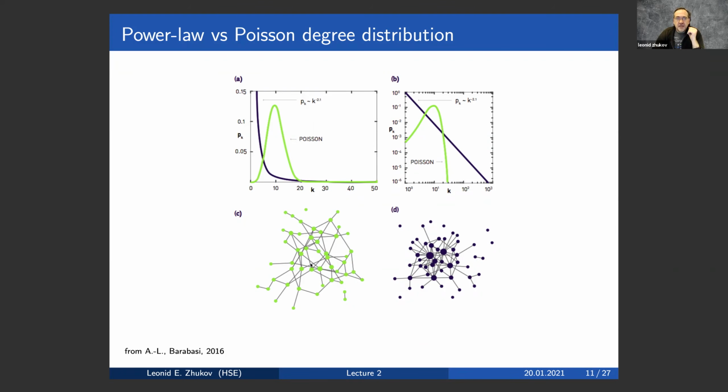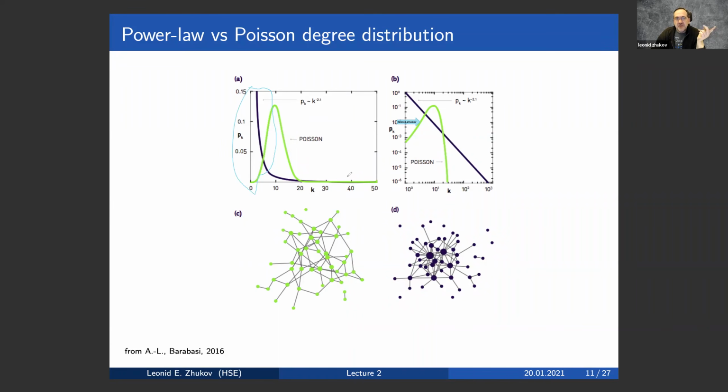In the drawings, the dark purple color is the power law degree distribution, and green is Poisson. What you can easily notice is that the power law clearly has many more nodes with low degrees than the Poisson distribution, right?